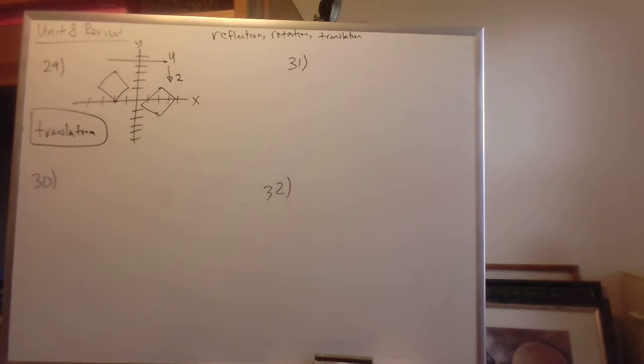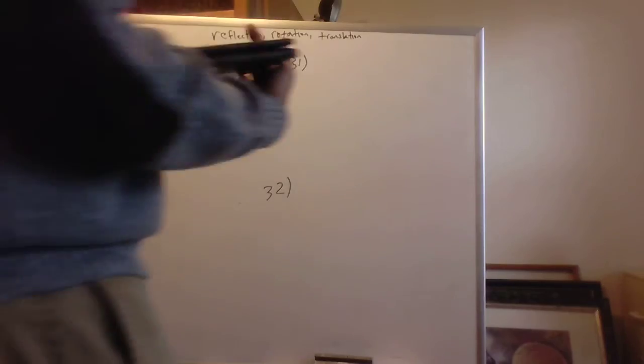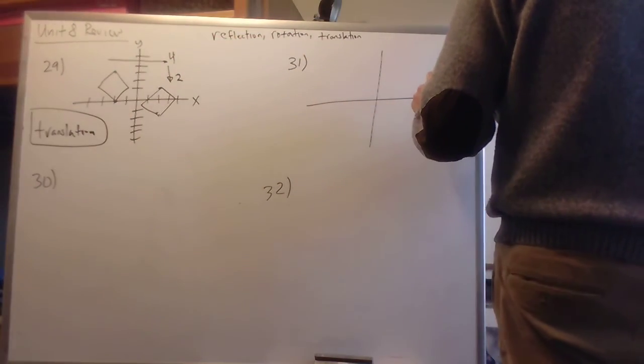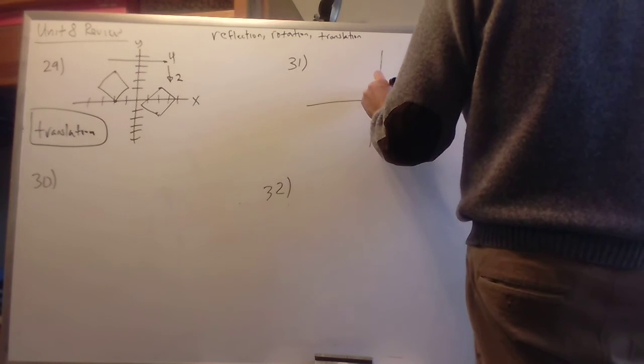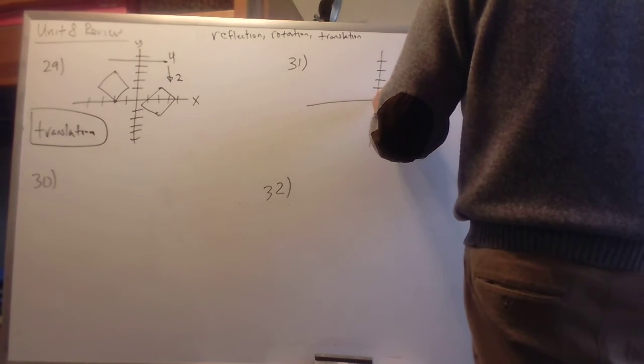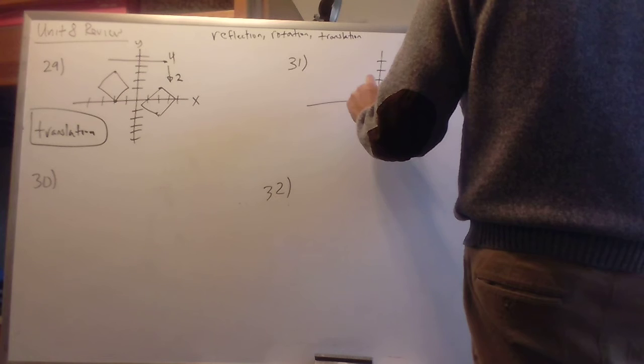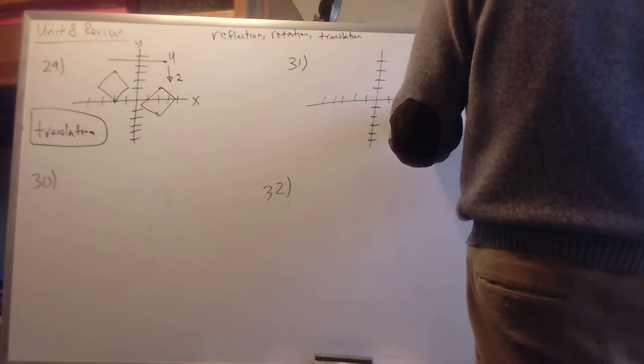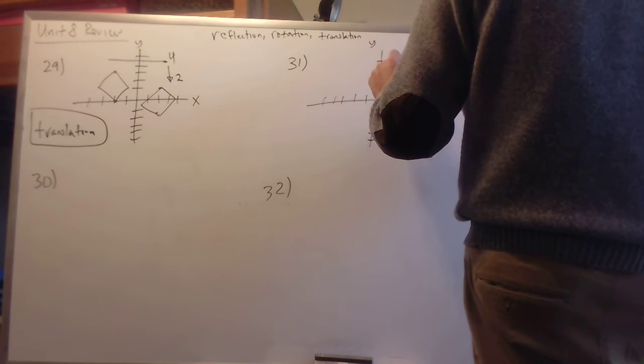All right. And then for number 30, we have these parallelograms right here.